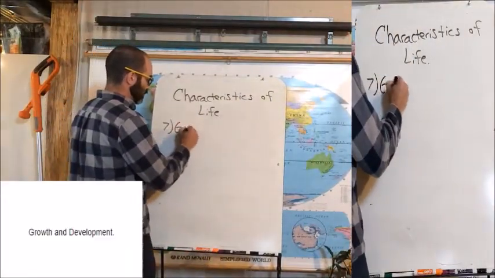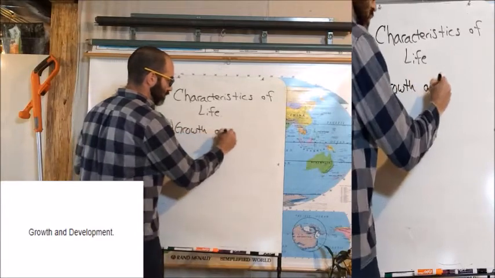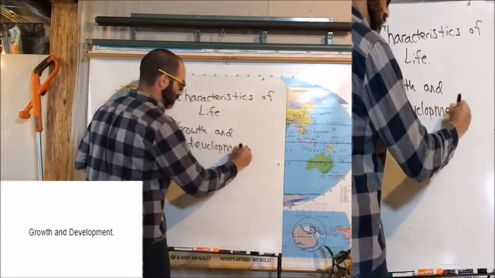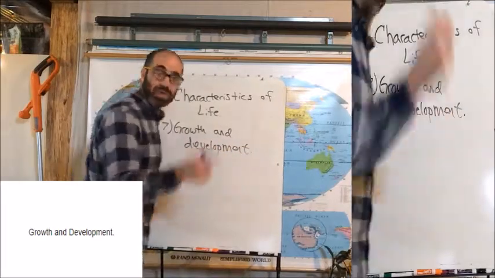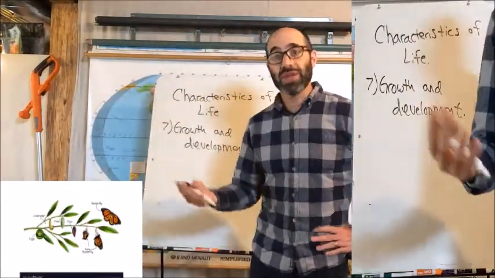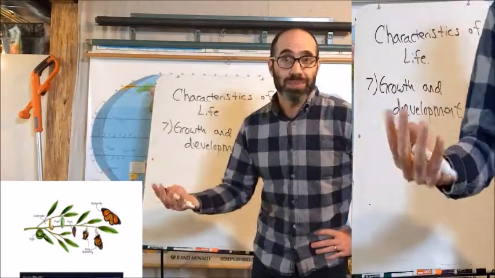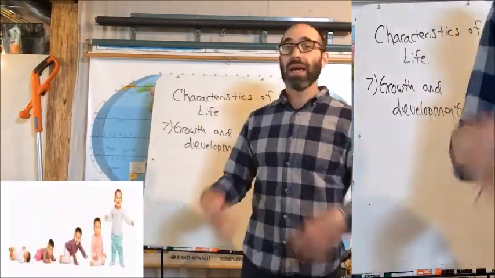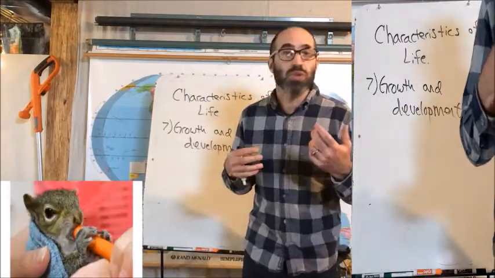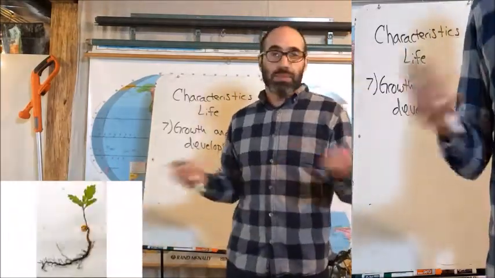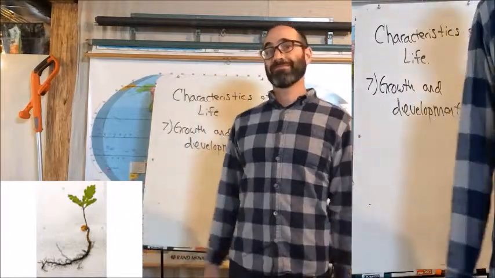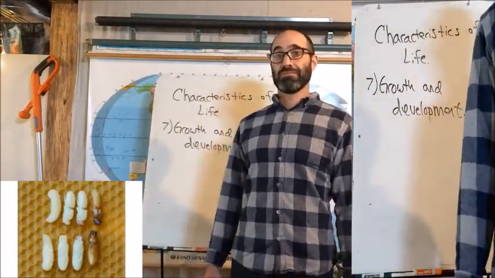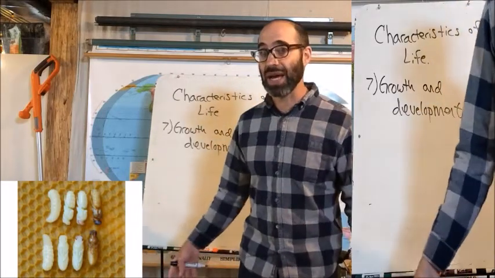7. Growth and development. Living things grow and develop. They change within their lifetime. Humans, squirrels, an oak tree, a bumblebee. Living things change over time.